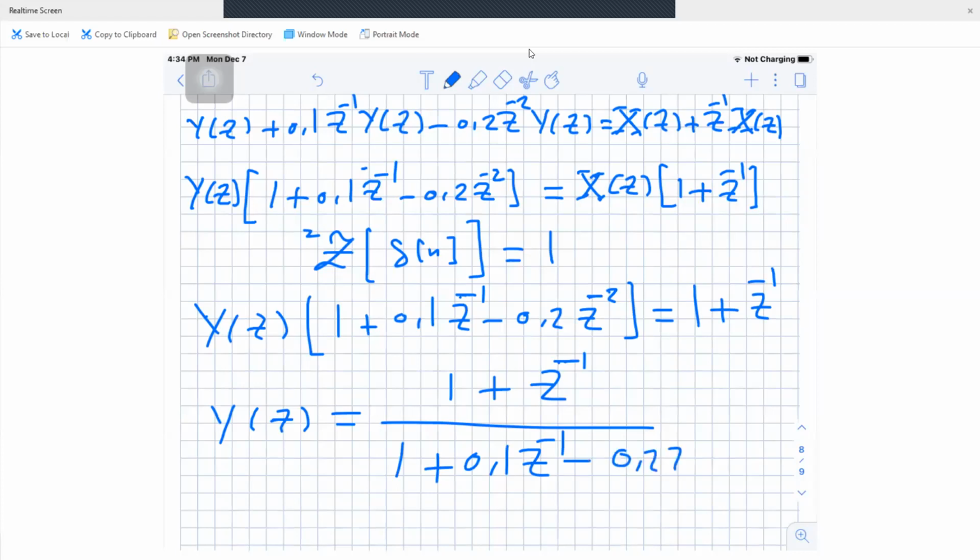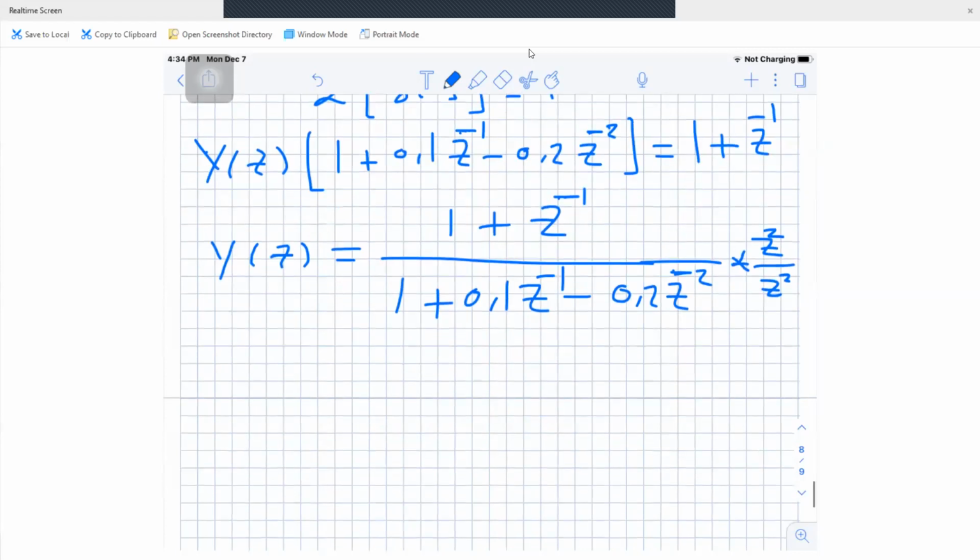0.2 Z to minus 2. Of course, in this equation, you can note something. It is what? Look, please. In this equation, we have Z to minus 2. So I'm going to multiply numerator and denominator by Z square to get rid of the positive exponents.